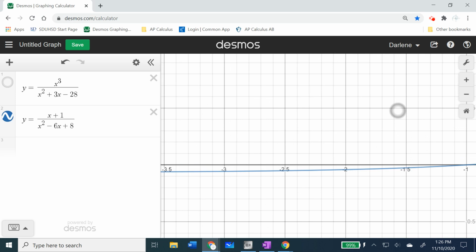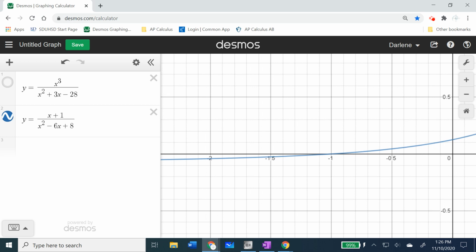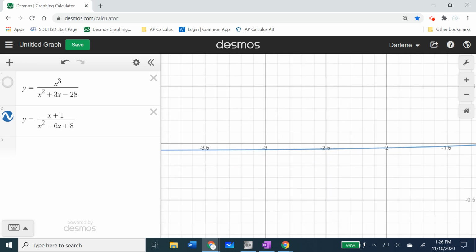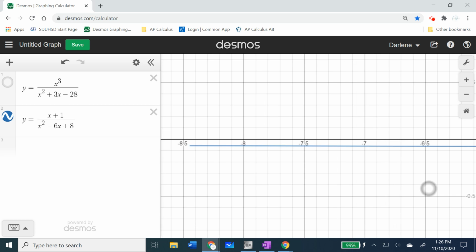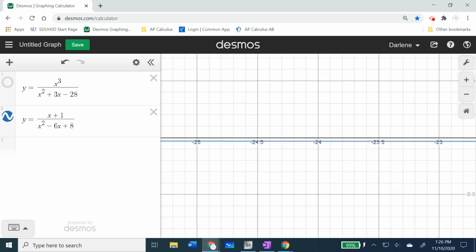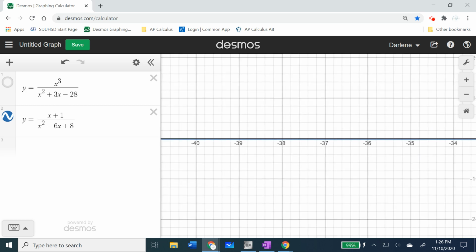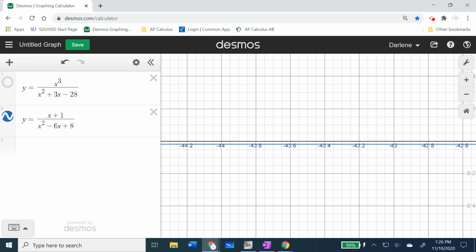I have to zoom in a lot for you to see that the graph actually goes through that x-intercept of -1, and then it heads down a little bit, but it's got to head back up. It has to head back up because it is being forced to asymptote to y equals 0.